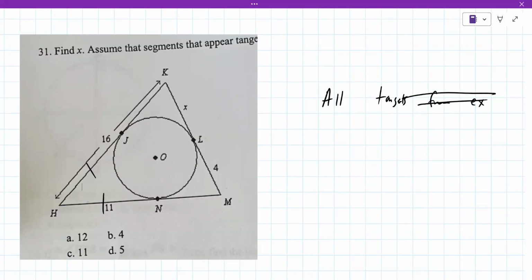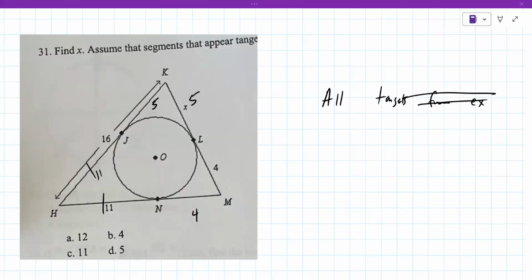So then x is 5? Because the whole thing is 16. You just said it, that's 11. 11 plus 5 gets to 16, that's 5. They could also ask you for the perimeter, right? They could say, what's the perimeter? You'd have to add them all up. I'm not asking for that, but that's something else that could happen here. That's a better question than this, but.